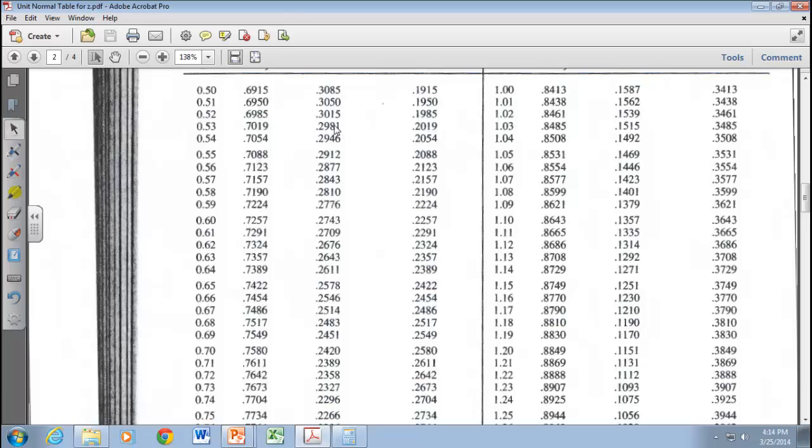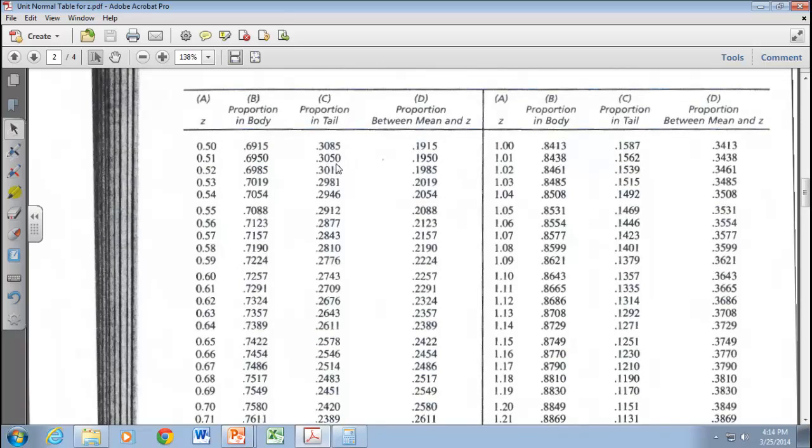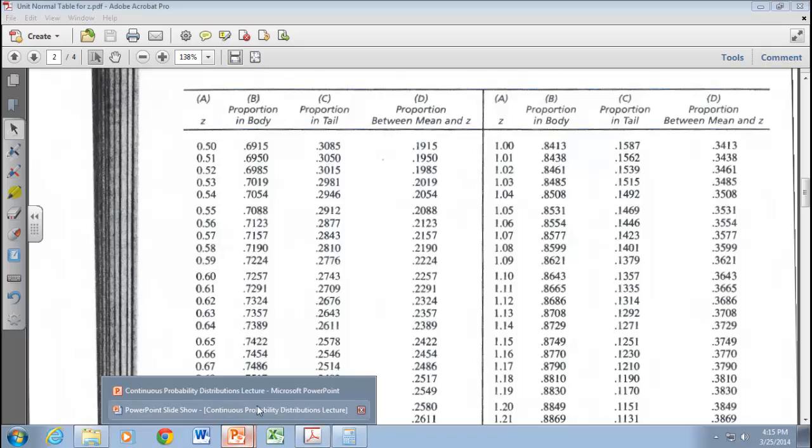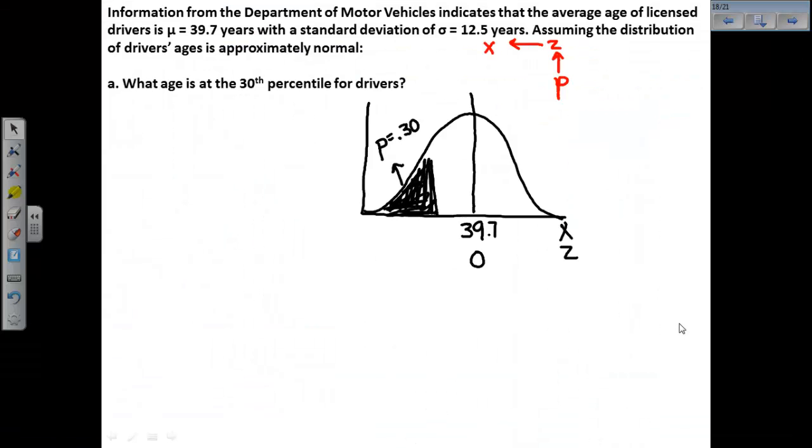Well, this one is 0.0019 away from 0.30. This one is 0.0015 away from 0.30. So we're going to go with the z-score that corresponds to the proportion in the tail that's closest to the one we're looking for. So the z-score we want is 0.52. So let's go back to our example.